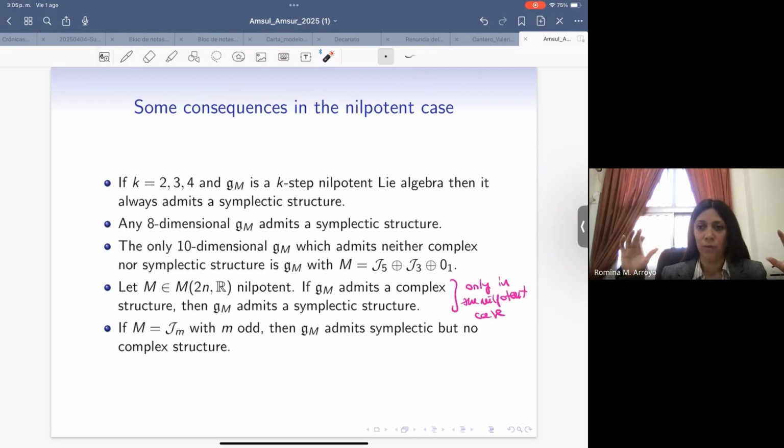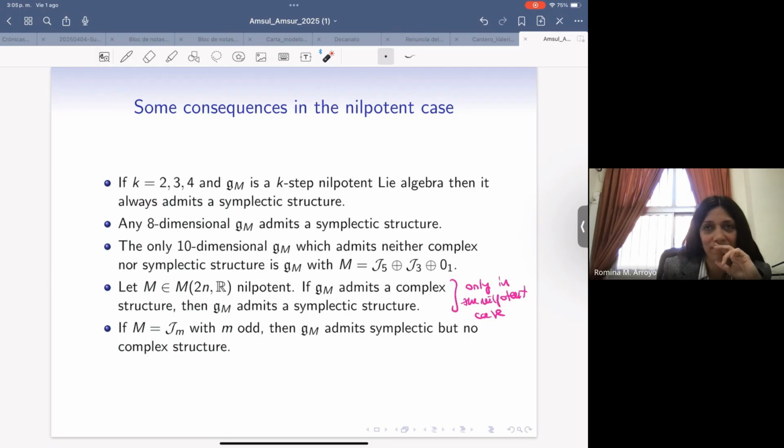If you consider the solvable case, there could be an intersection between admitting complex or symplectic structures, but the sets of Lie algebras could be different. In all dimensions and examples that I know, I would say that there are more symplectic than complex.